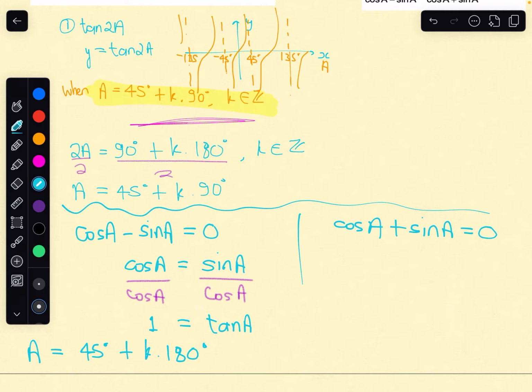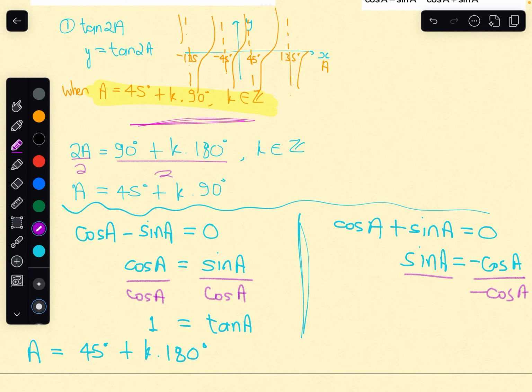Then this one as well is going to become a tan equation. So I'd say sin A is equal to minus cos A. And then we divide by cos A. And then this would be tan A is equal to negative 1.